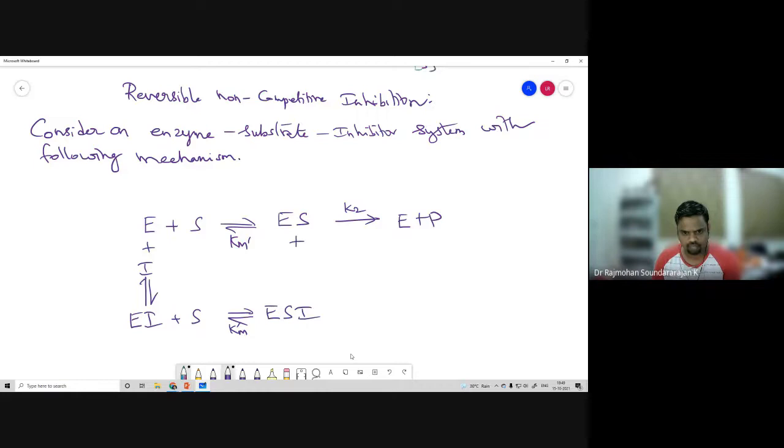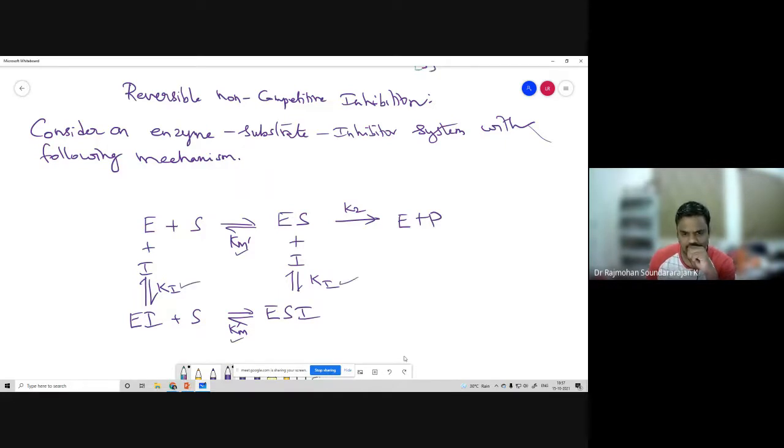Then EI will react with the substrate to form ESI, an intermediate, with dissociation constant Km dash. That means the dissociation constants here and here are the same. Similarly, the dissociation constants here and here are the same.